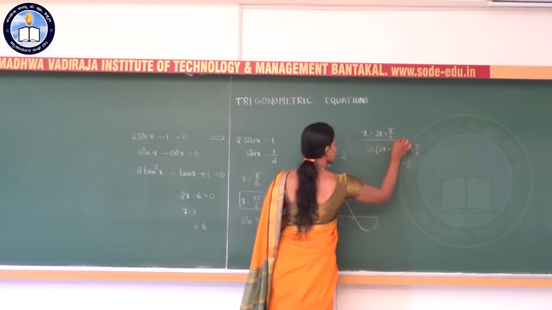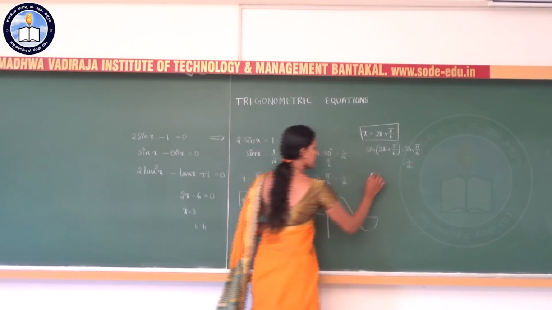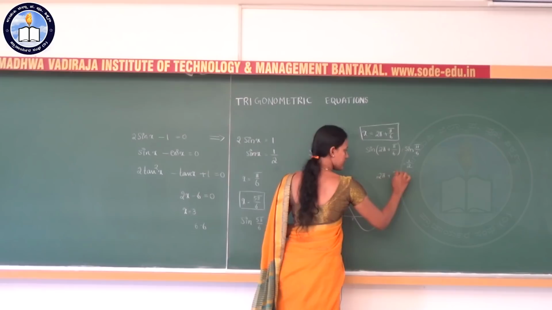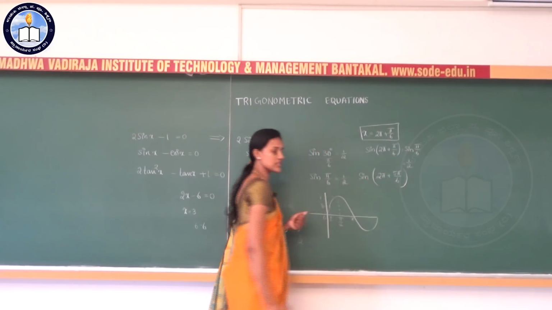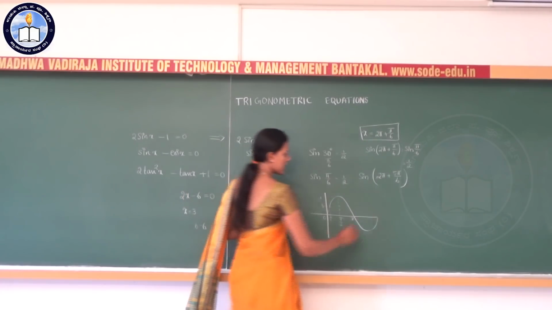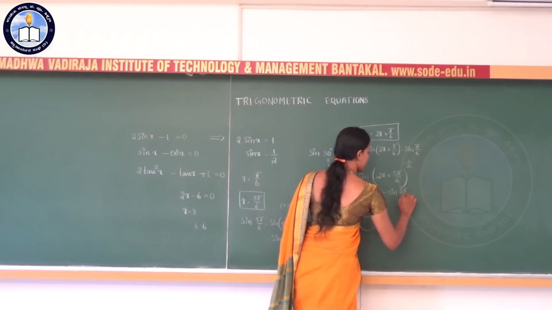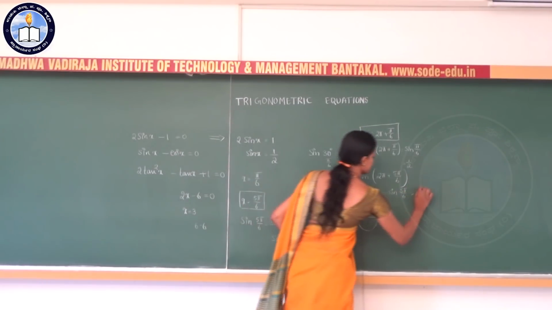So, x can be 2 pi plus pi by 6. It can be 2 pi plus 5 pi by 6, because sine of 2 pi plus 5 pi by 6 is the same as sine of 5 pi by 6, which is half.